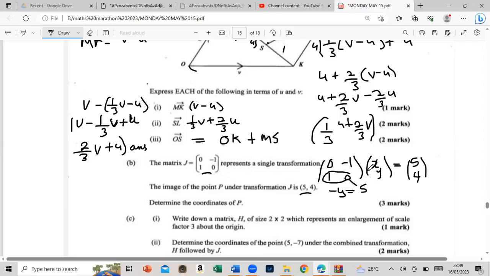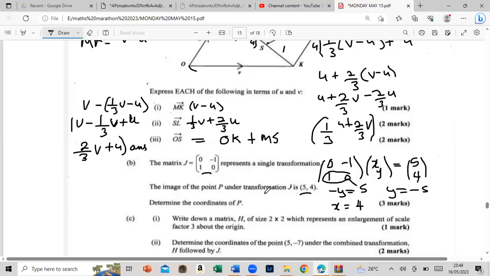For this one, 1 times x is x, 0 times y is 0, and then we have x equal to 4. So y is actually going to equal negative 5, but x is 4.